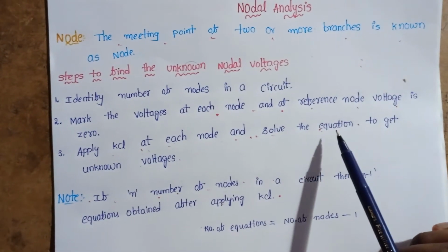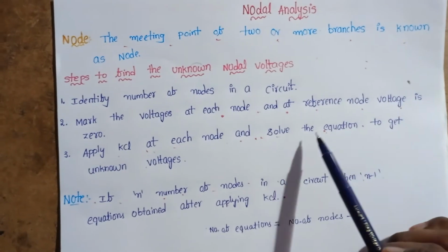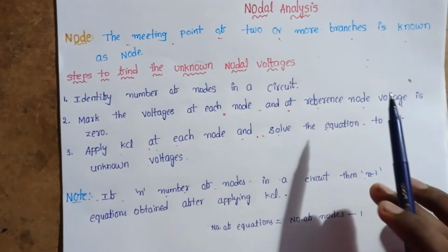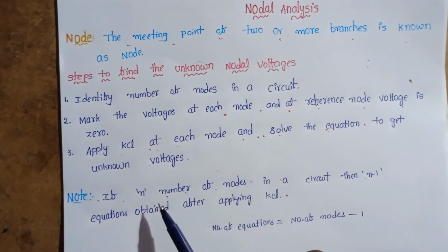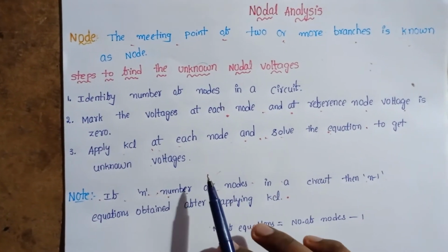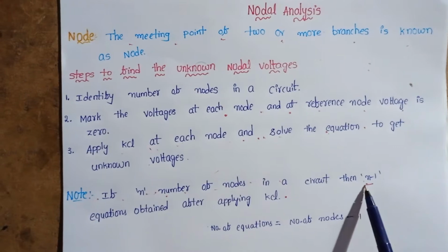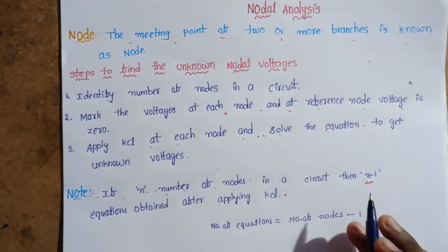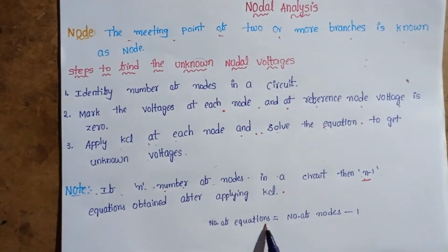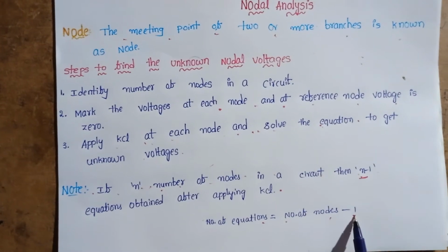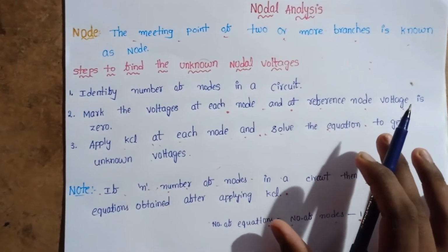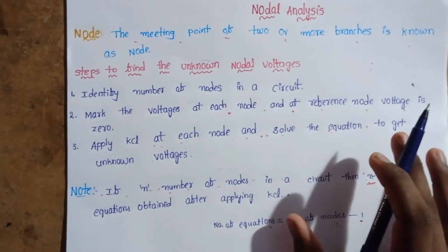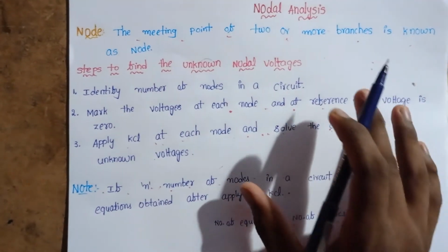After solving those equations only, we will get our required nodal voltages. If we have n number of nodes, then we get n minus 1 equations. The number of equations equals the number of nodes minus 1. This is about nodal analysis. Let's see an example problem on nodal analysis, then you will understand this concept better.